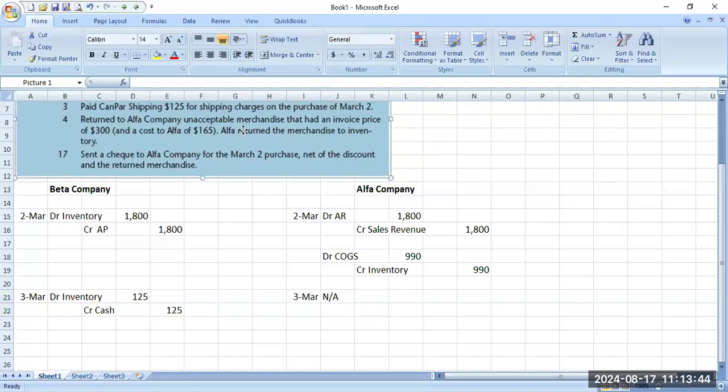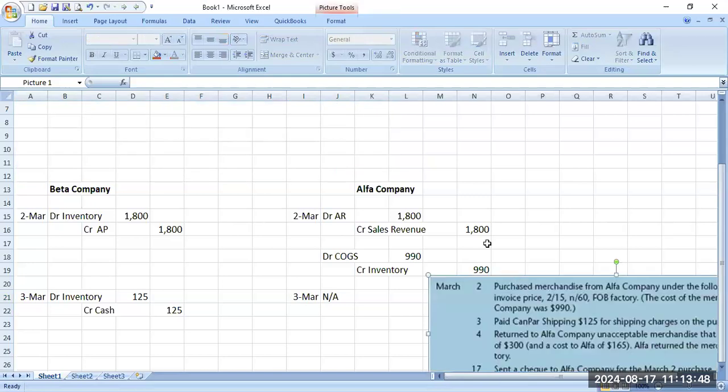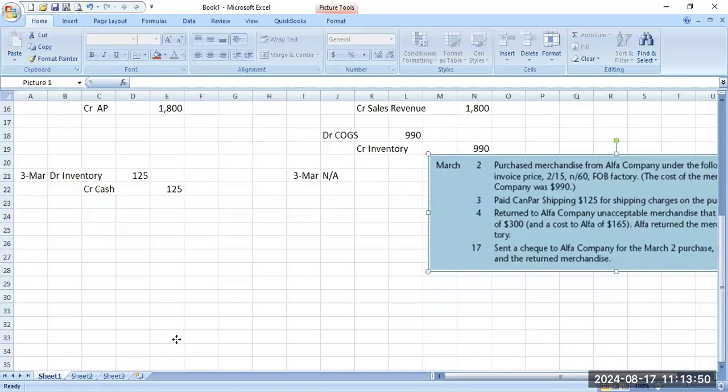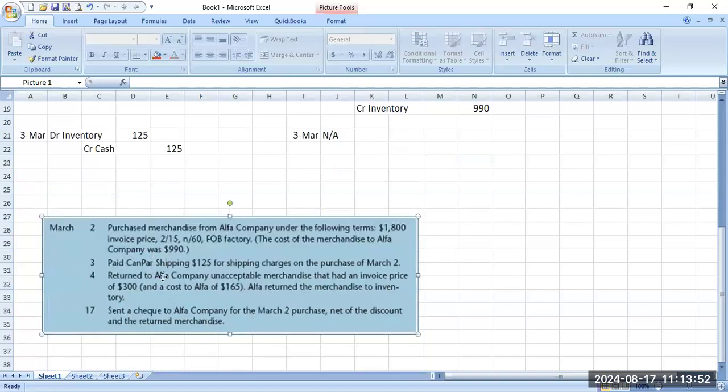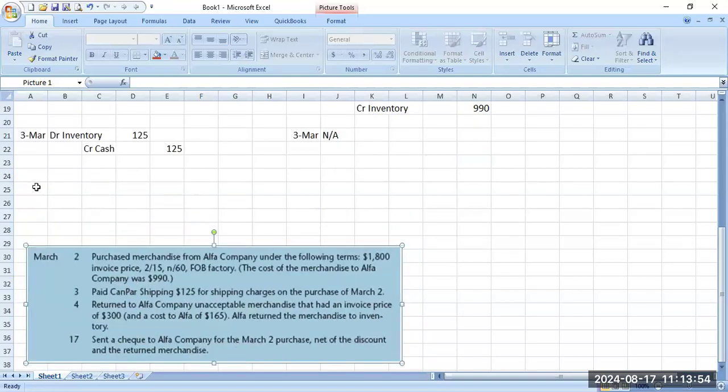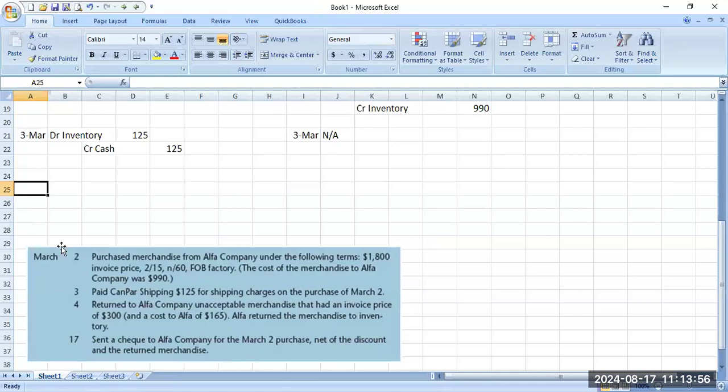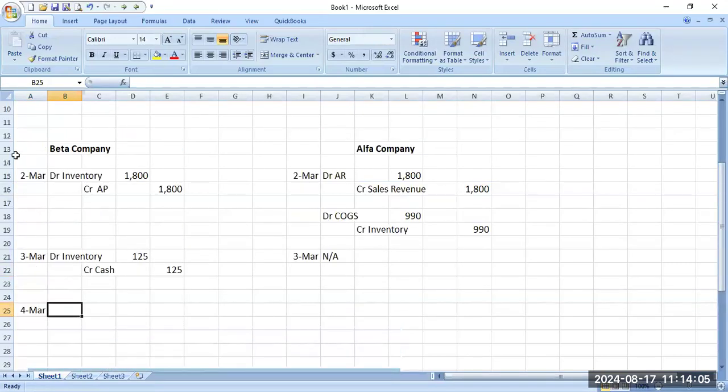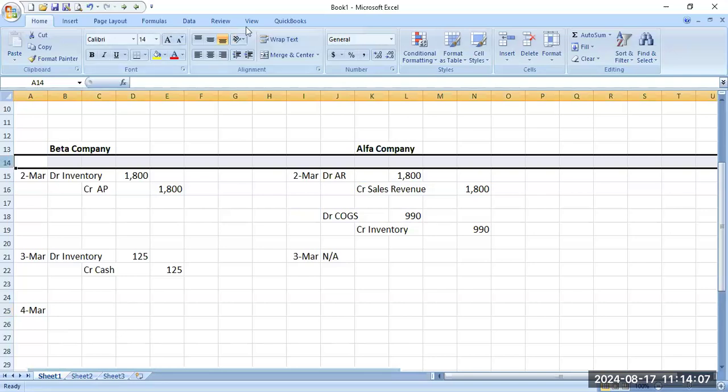The next thing that happened, I'm going to keep moving this requirement so we can drag it with us and prepare the journal entry. Next thing that happened is on March 4th.